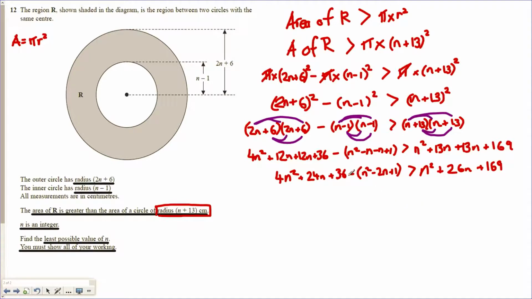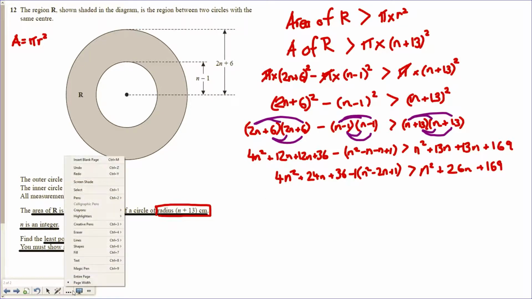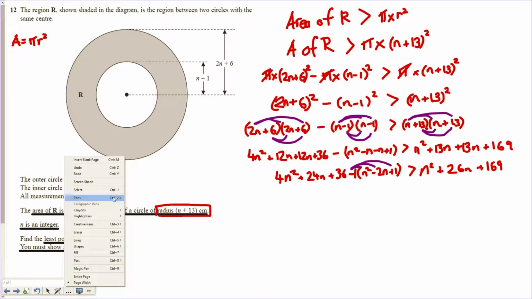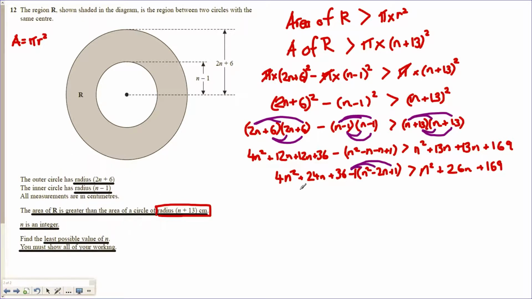So one of the ways you can do this calculation here is you can draw your claws and we can multiply everything by minus 1. That way we won't make a mistake with our signs. So minus 1 times n squared, minus 1 times minus 2n, and minus 1 times plus 1. Because this is a place where pupils make a mistake with their signs. And if you make a mistake with the signs, you're going to get the wrong answer.